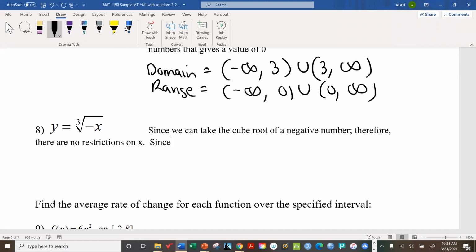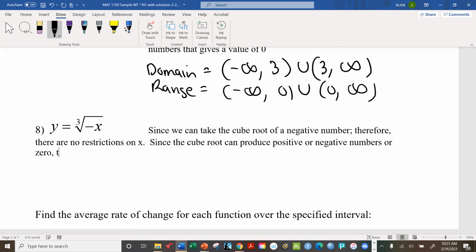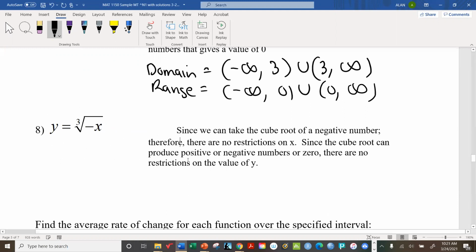And since the cube root can produce positive or negative numbers or 0, there are no restrictions on the value of y. So therefore, the domain and the range are both all real numbers.